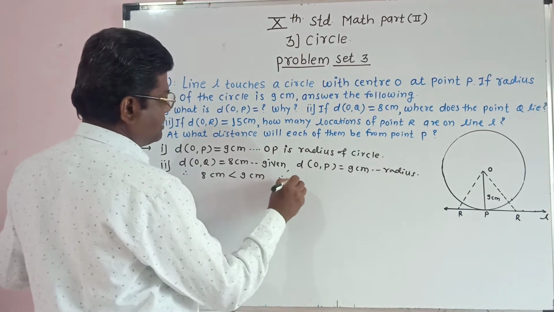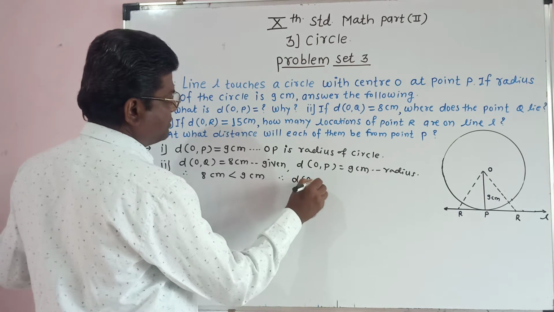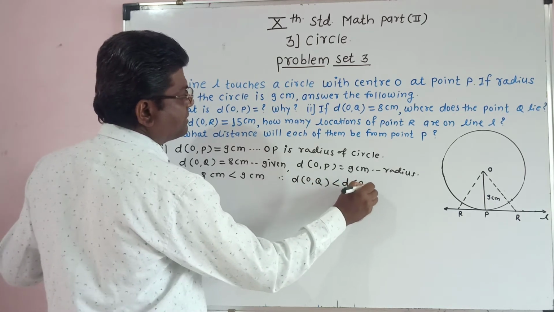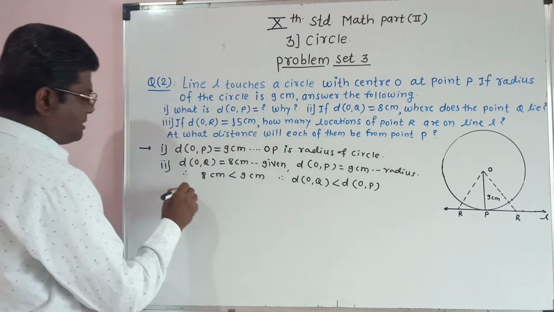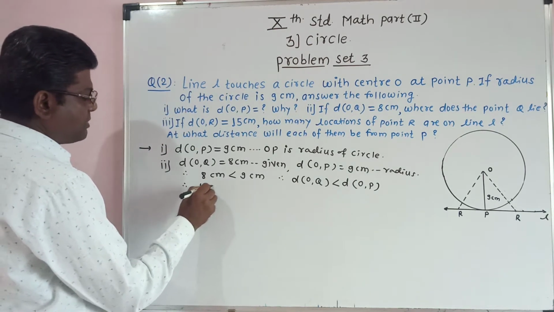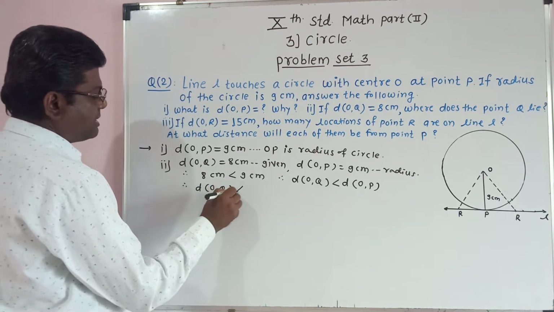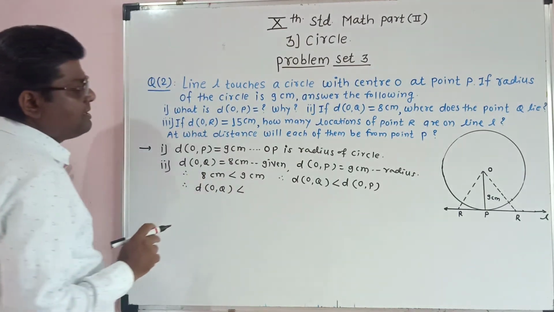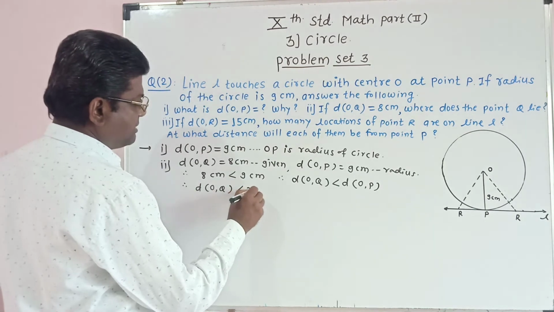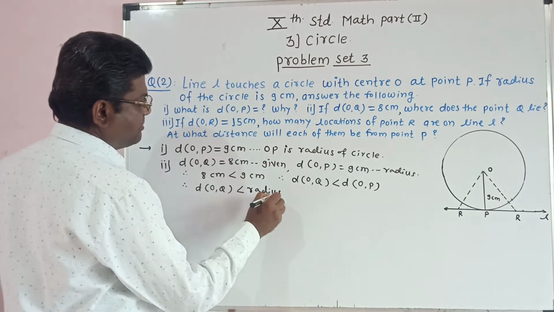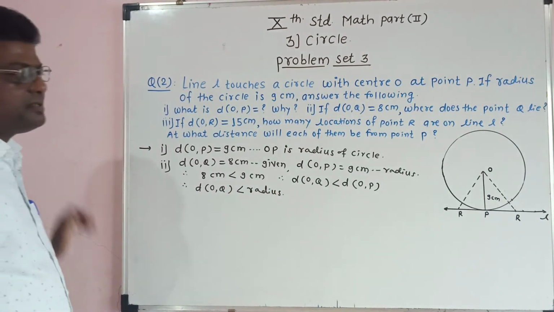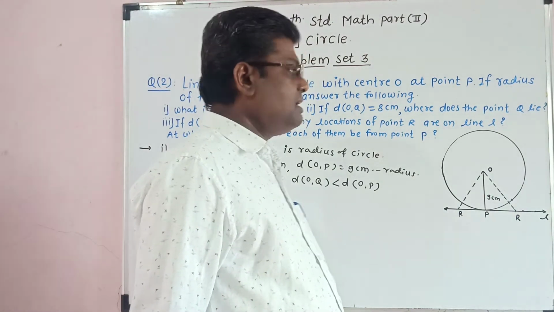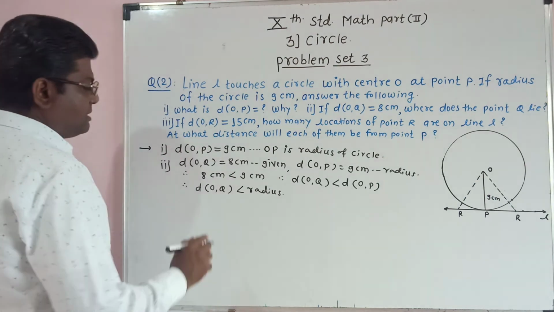Therefore distance of OQ is less than distance of OP, which is the radius. So any point whose distance is less than radius, that point lies in the interior of the circle.